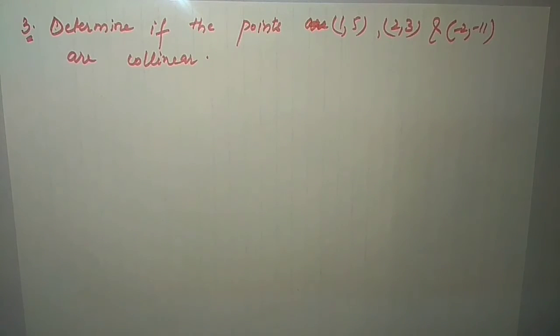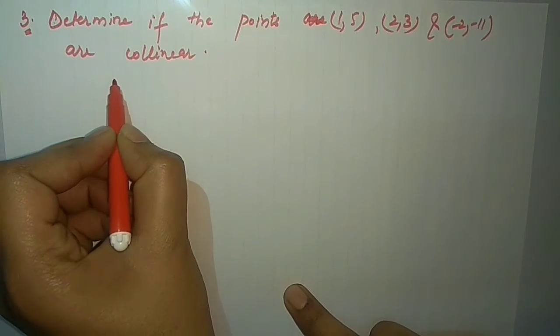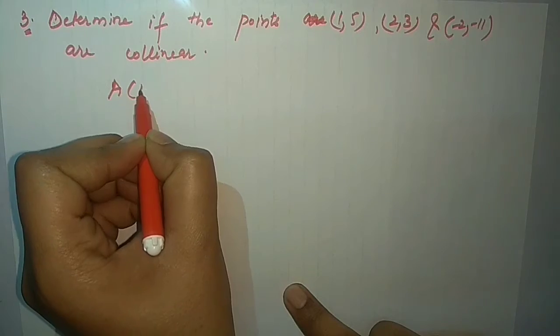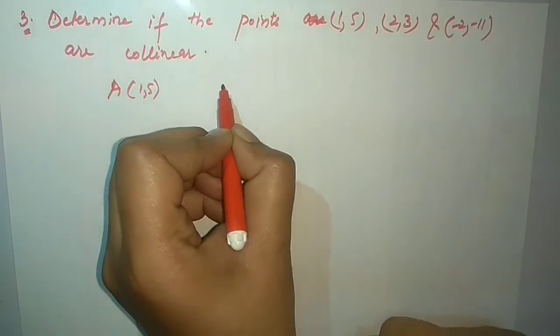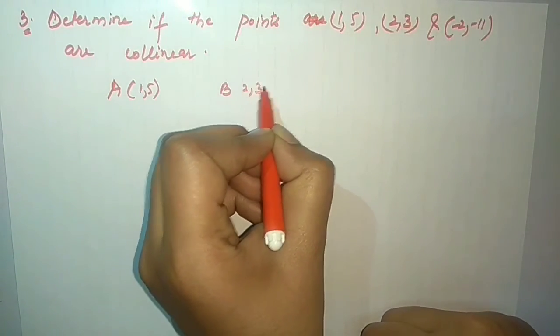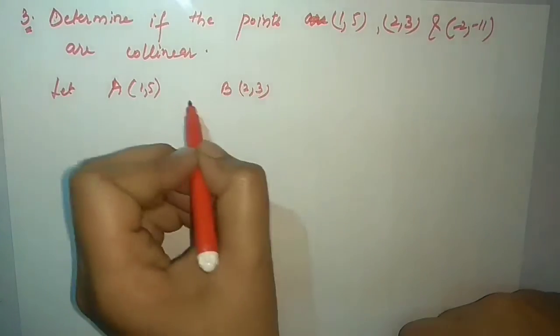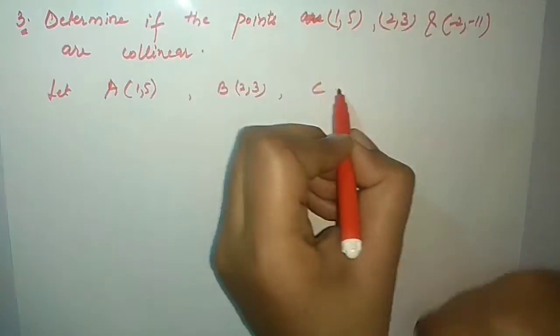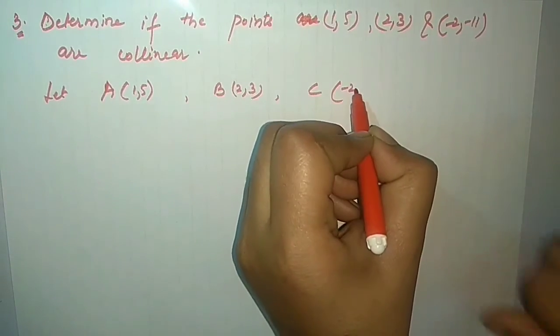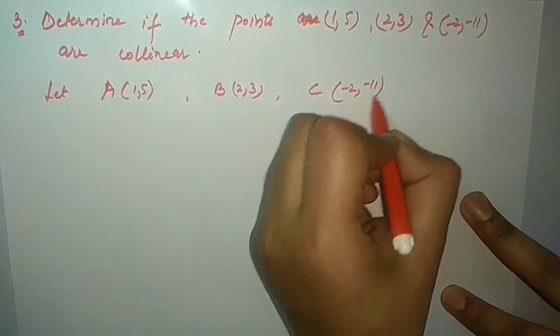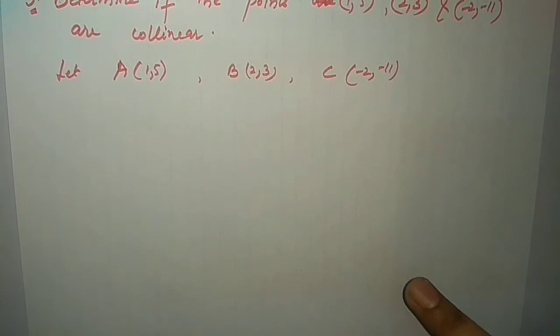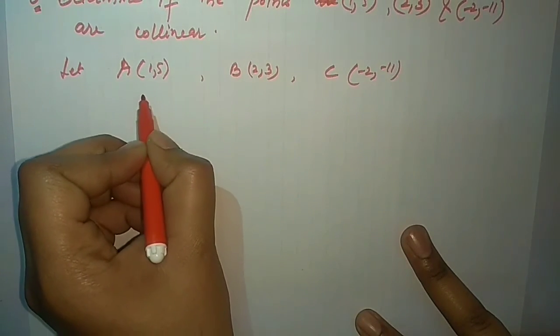In this question we suppose these points as A, B and C. So A is 1, 5. B is 2, 3. C is minus 2, minus 11.